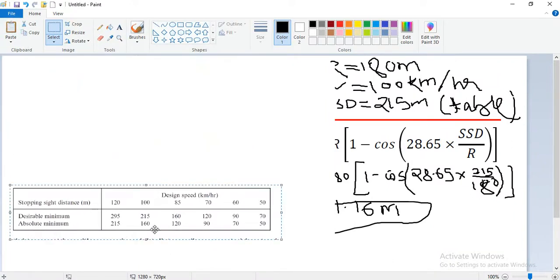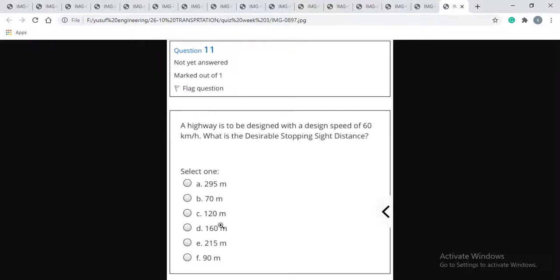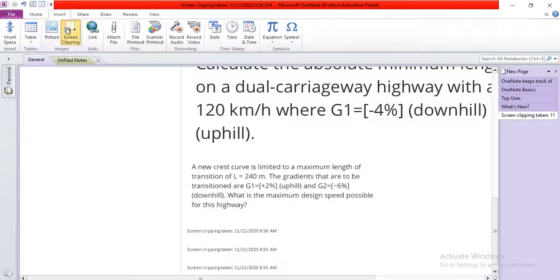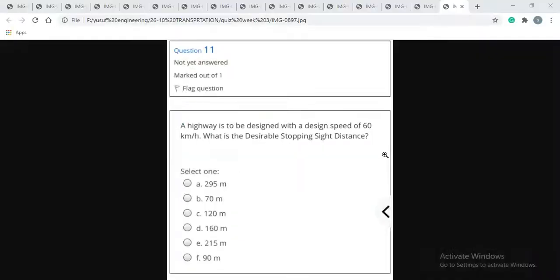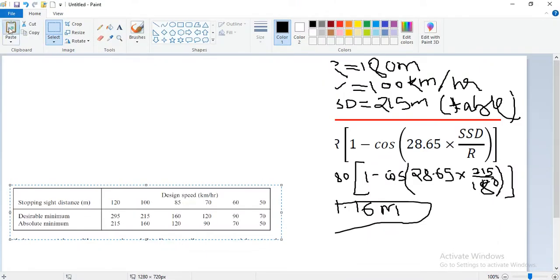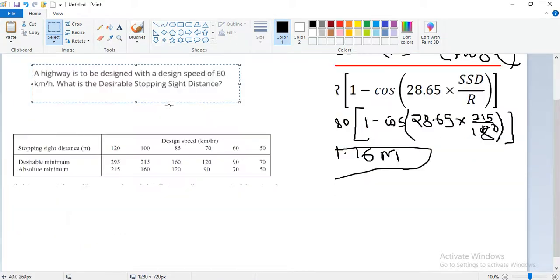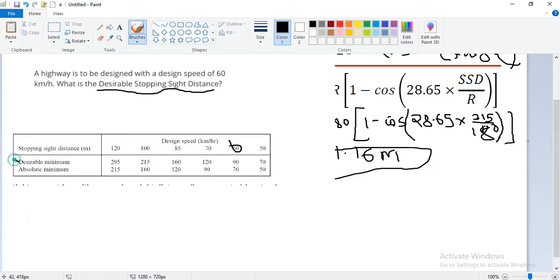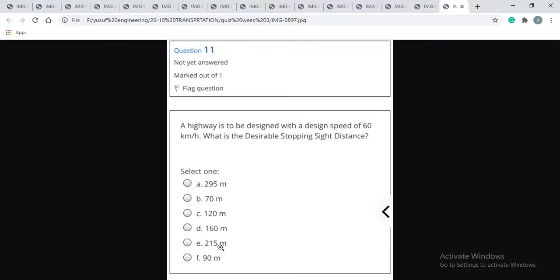Paste this table and this question here. If the design speed is 60, what is the desirable stopping sight distance? The desirable value is 90 meter. So the option will be the last one, F, 90 meter, which is correct.